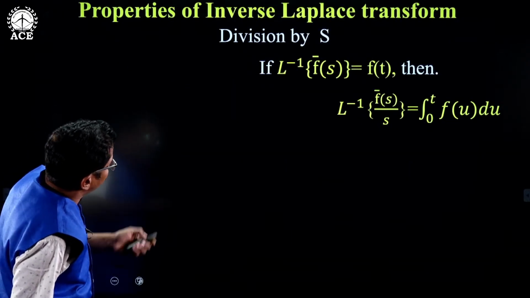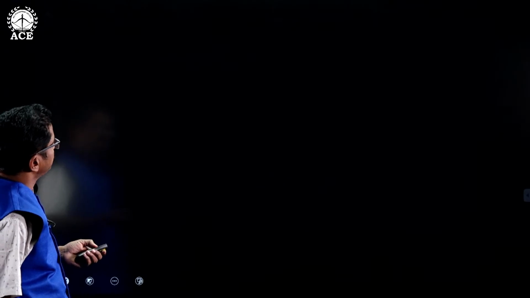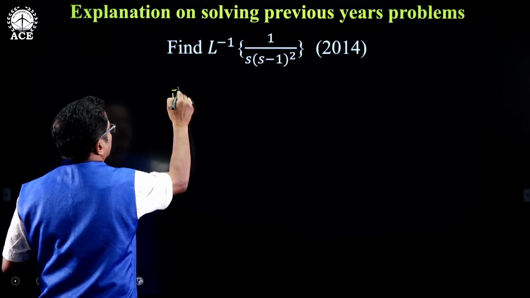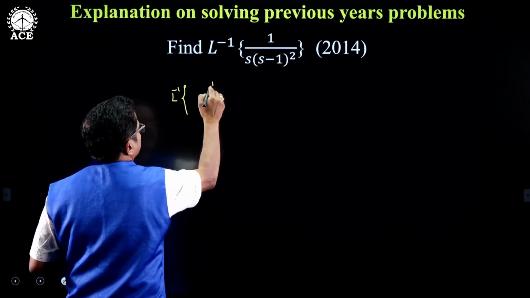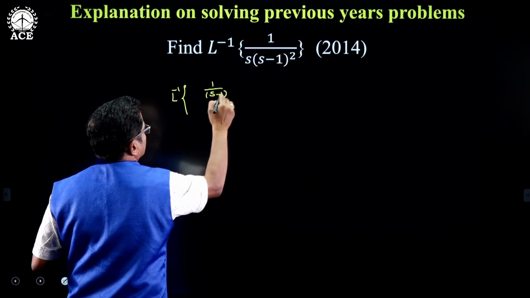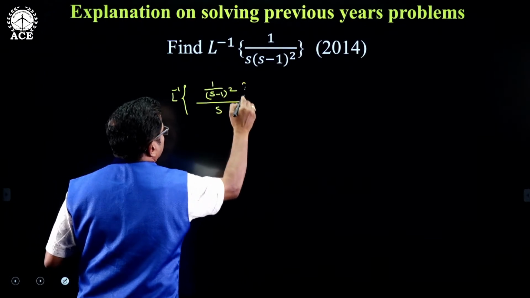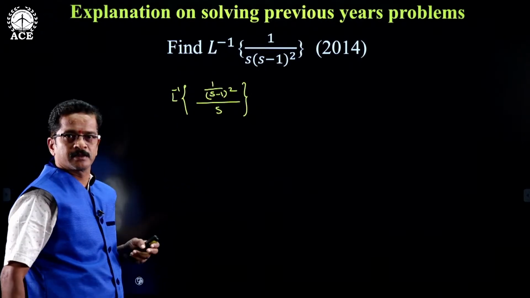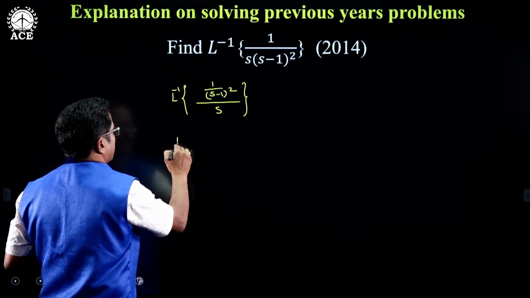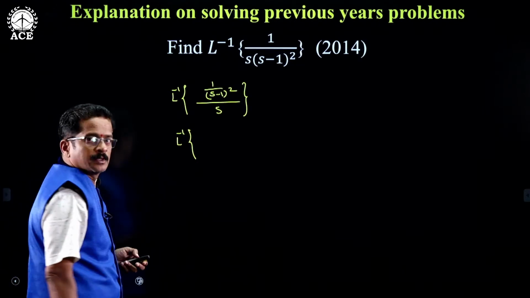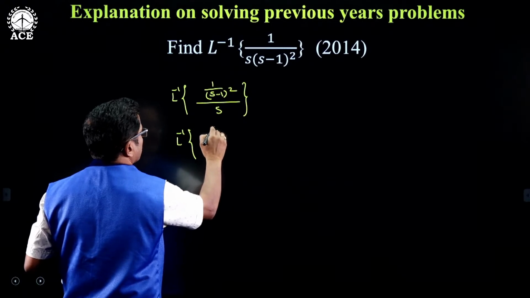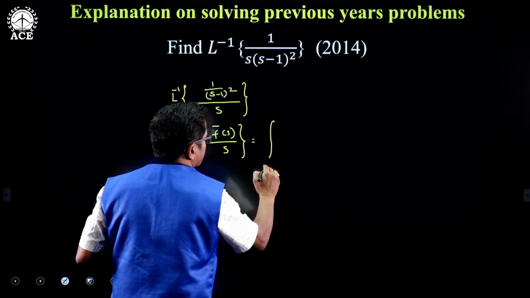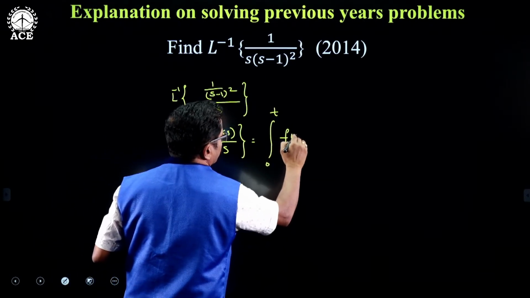Next is the inverse Laplace transform of division by s. Even this, L inverse of 1 by s minus 1 whole square by s, I am writing, means L inverse of f bar of s by s, which equals integration 0 to t of f of u du.